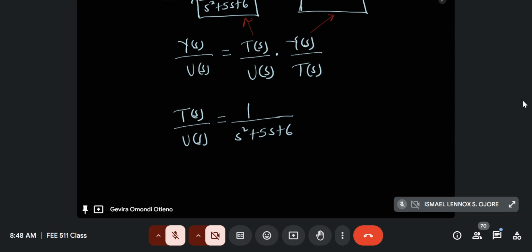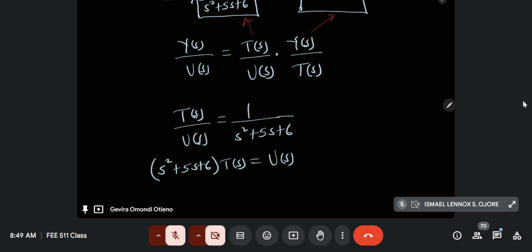The first step in our case here is we cross multiply. Let me use the word cross multiply because last time I used the word linearize and it confused a few people. If we cross multiply, we are going to have (s² + 5s + 6)T(s) should be equal to U(s). Just cross multiplying the terms.